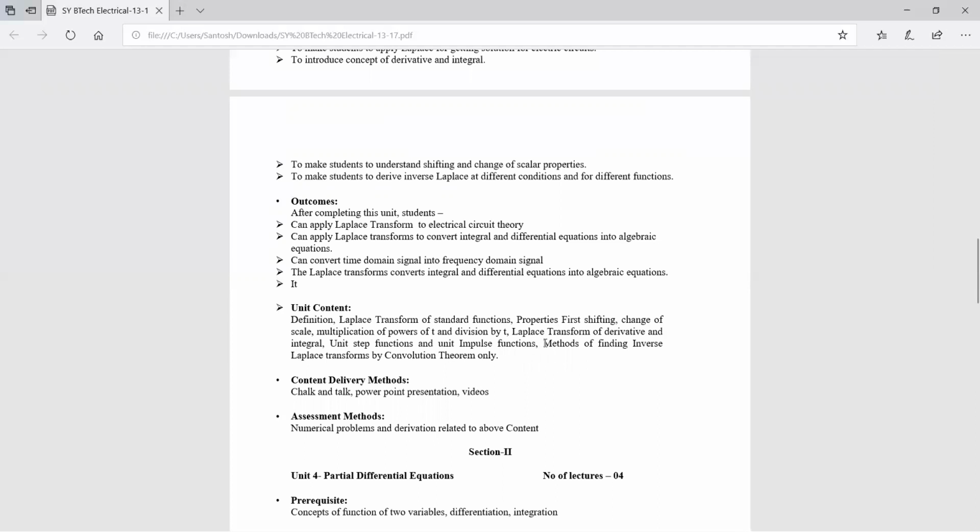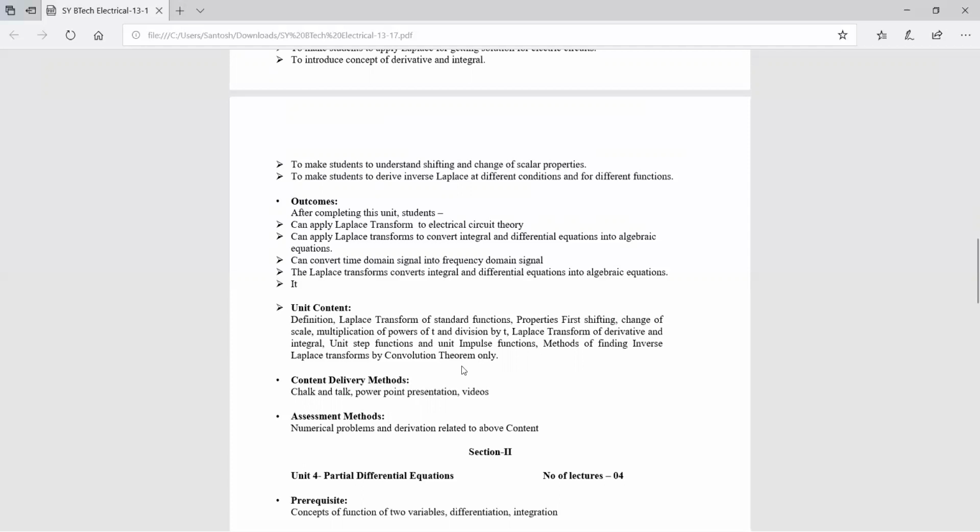Here is only one point related to the inverse Laplace transform: we have to see how to find the inverse Laplace transform using the convolution theorem. And this is all about section number 1.